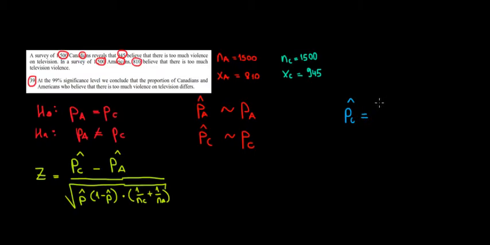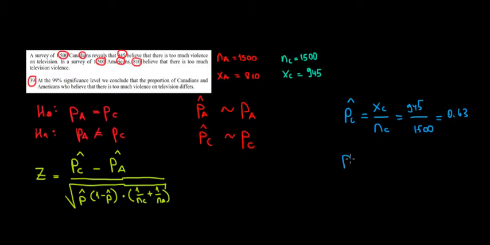That's the number of Canadians who believe there's too much violence on TV relative to the total number of Canadians in our sample, which is 945 relative to the number of observations, 1,500. If we solve this, we get a proportion of 0.63, so 63%.